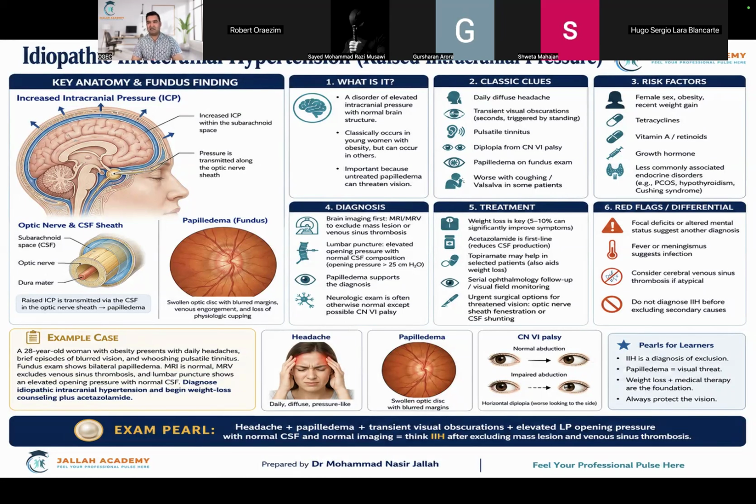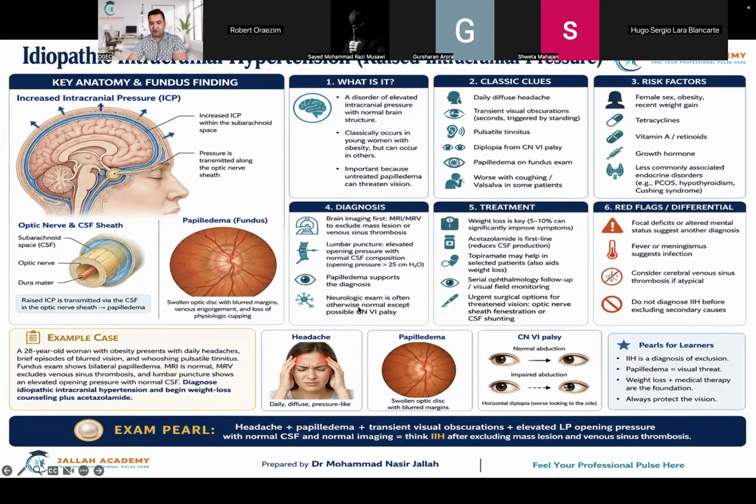After doing the CTV or MRV, they did the lumbar puncture and the opening pressure is 28. So over 25 is high. This is exactly giving you the clue about the high intracranial pressure.